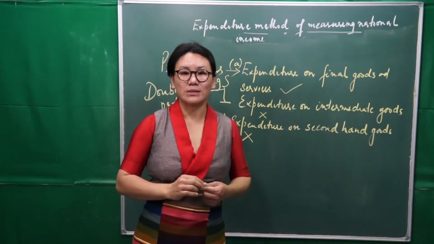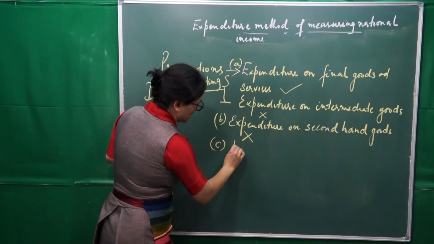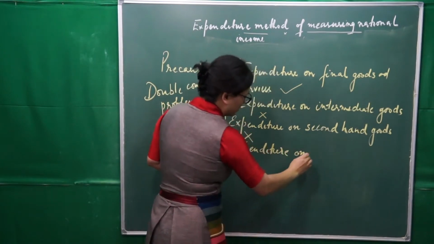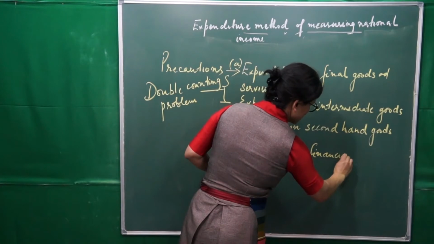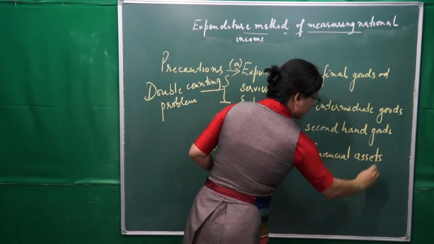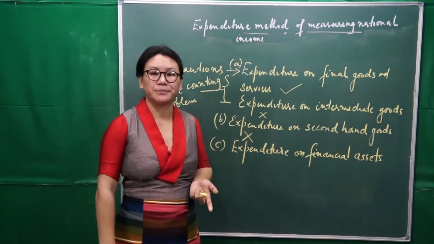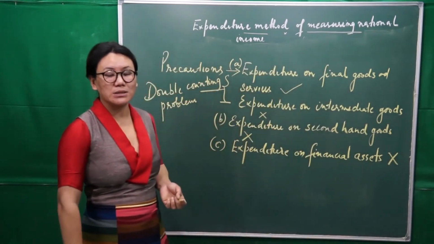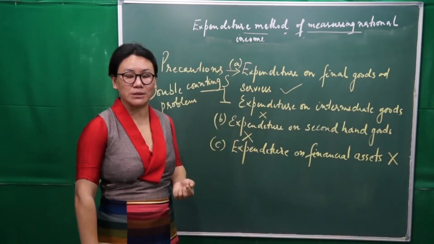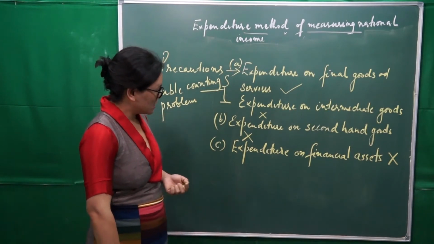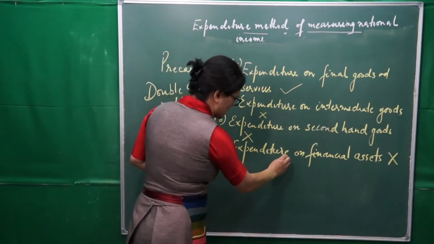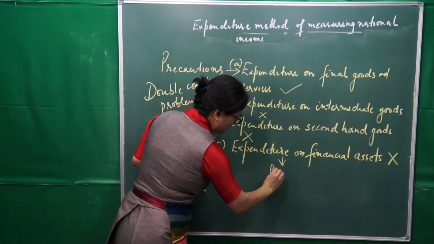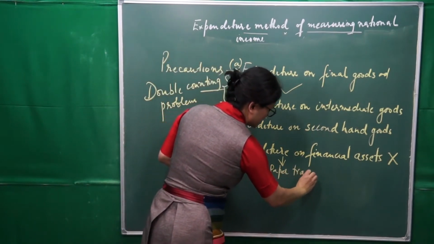And the third one is expenditure on financial assets like shares will not be again included in the estimation of national income using this method, because such expenditure are just paper transactions.